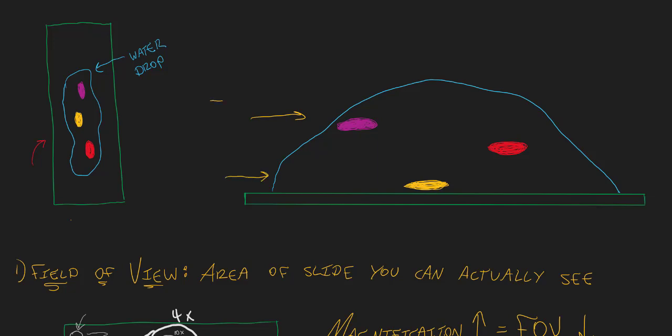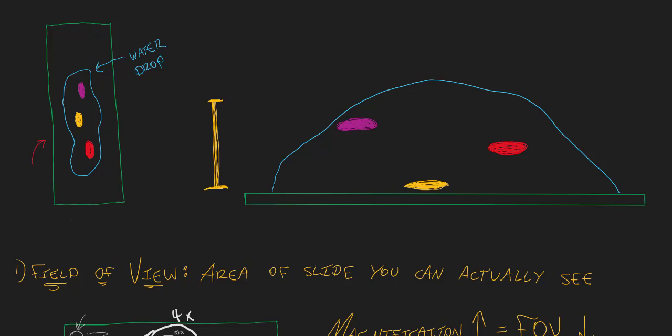This is the vertical location of our specimens, and this is what is affected by depth of field. At lower magnifications, our entire depth of field, or close to it, is in focus. But our field of view is also very large, so nothing's all that magnified.